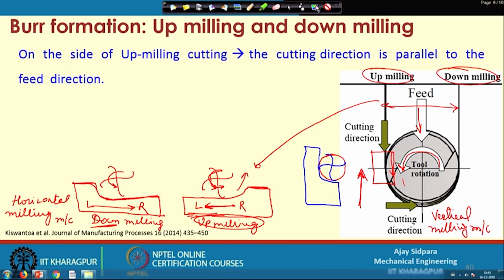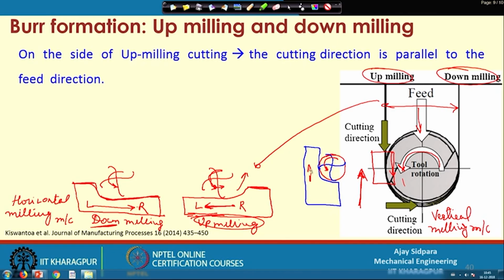This one is now moving in this direction, and this cutter is moving in this direction.